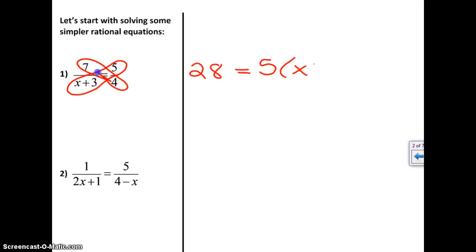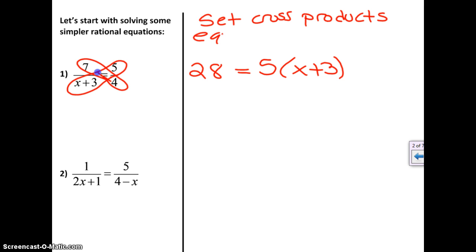I'm writing it with parentheses just to make sure that I remember to distribute the 5 to both the x and the 3. So I'm going to set the cross products equal. Okay? I set my cross products equal, and now I solve like a regular equation.